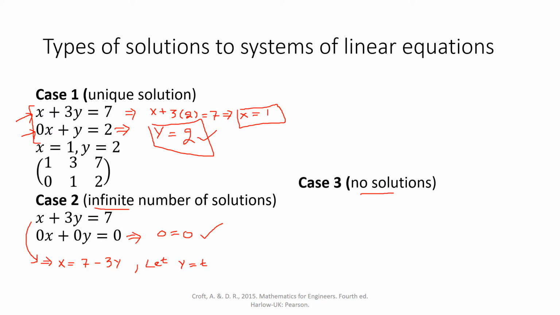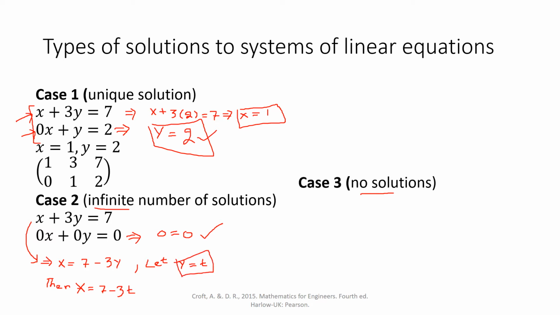When we suppose y equals t, then x will be equal to 7 minus 3t.